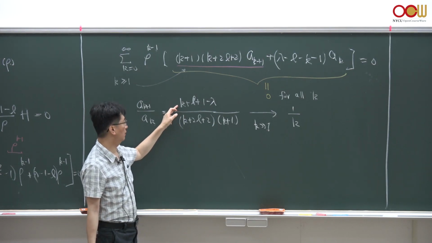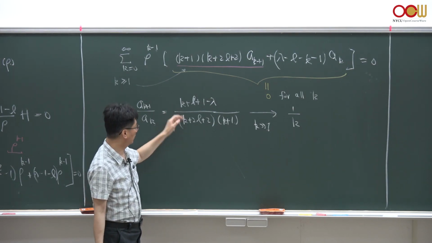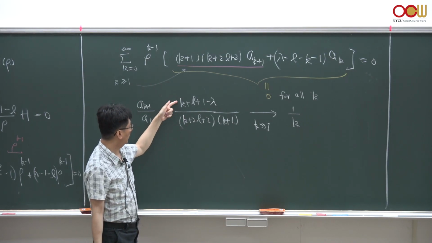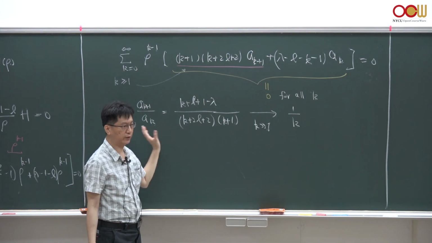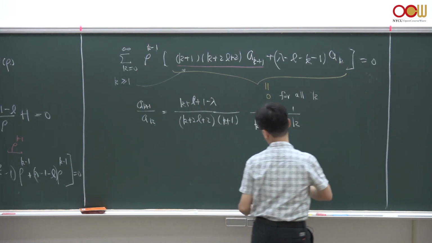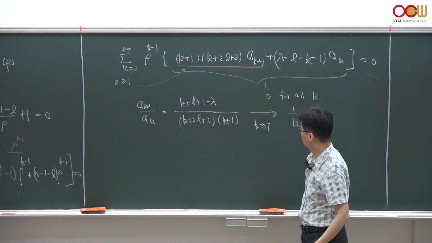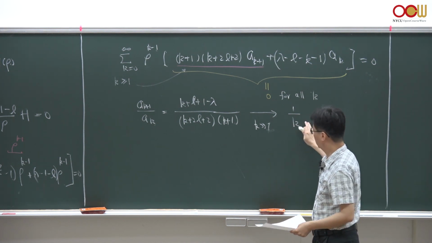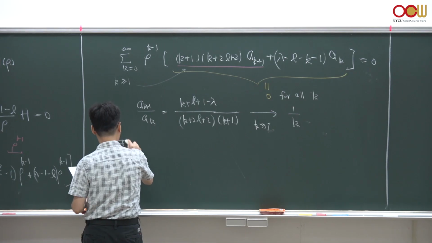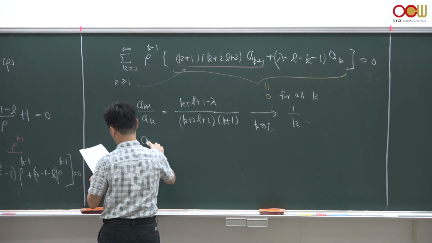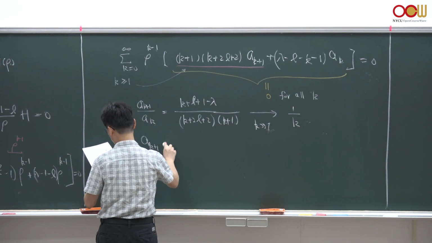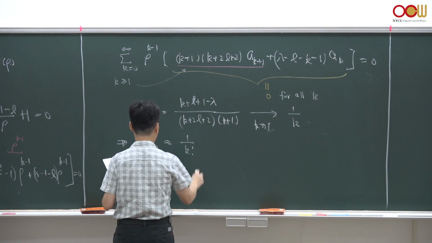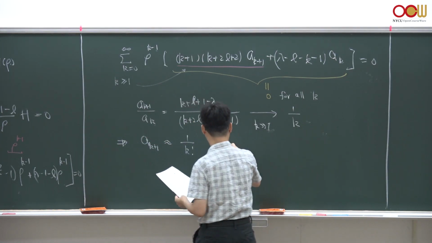So you pick up one factor of k in the numerator and another k squared in the denominator, so it's k divided by k squared, and you forget about all the other finite parameters. As a result, in the limit of k very, very large, you get 1 over k. This tells you immediately that a of k plus 1 is approximately given by 1 over k factorial for very large k.